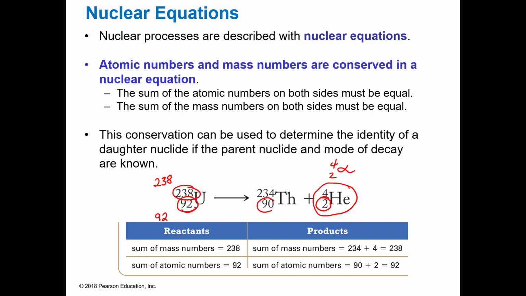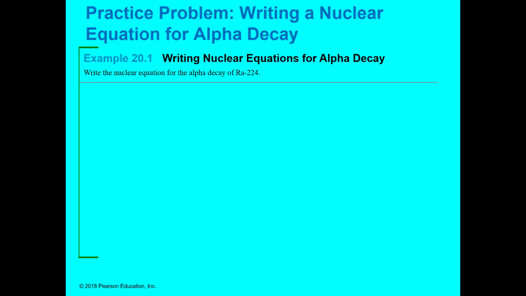So this one has to be 2 less, so that 90 plus 2 equals 92. So you now have 92 on both sides. The 238, you have 4, so you have to add 234. That's how you figure out what your top number and your bottom number are on your daughter nuclide, because they have to balance.